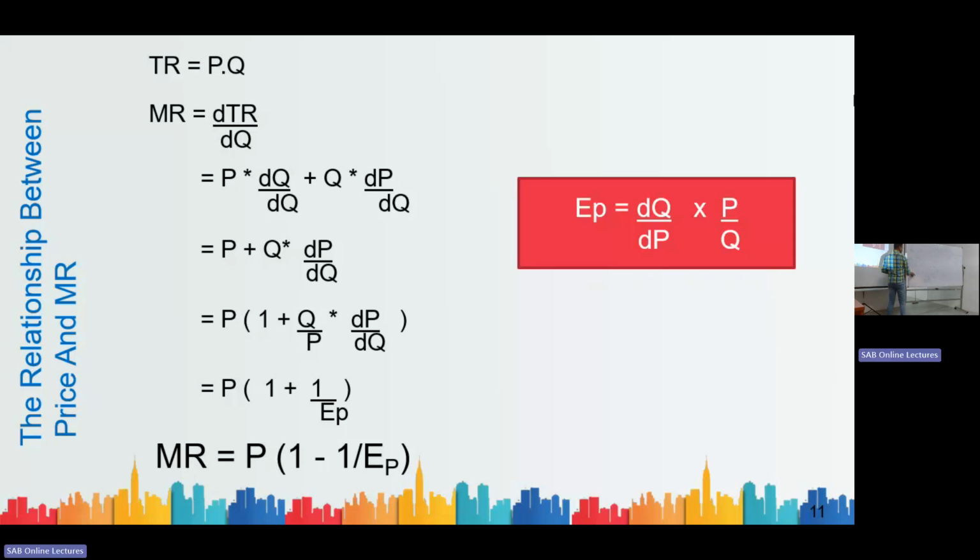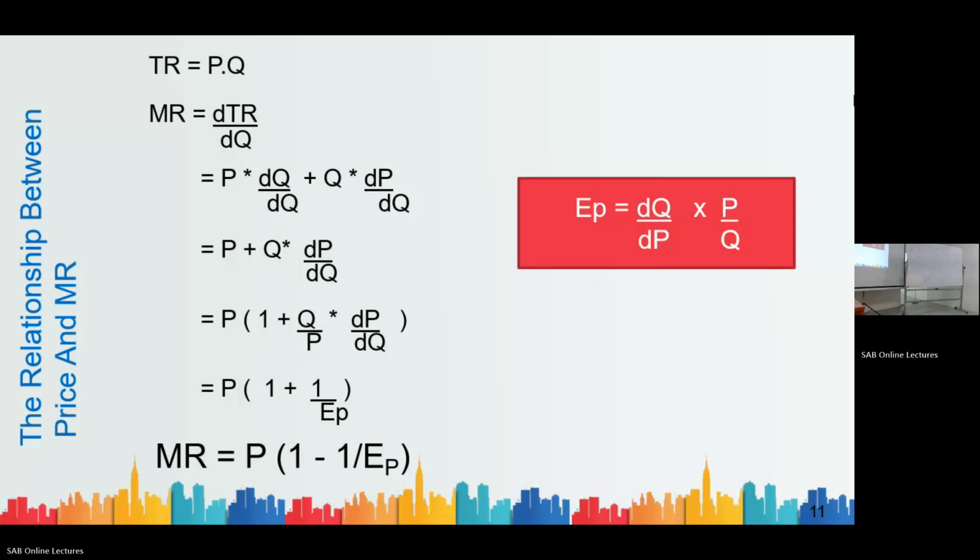We can link this price elasticity of demand to marginal revenue. Marginal revenue, we can link it to the price elasticity of demand through the price.